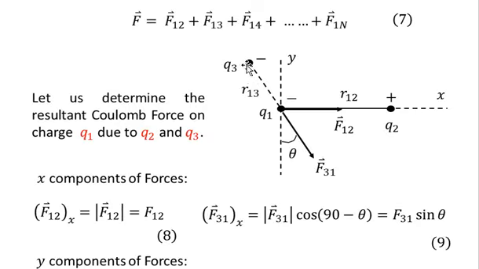So the slope of this line will be y2 over x2. So tan of theta will be equal to y2 over x2, and theta will be equal to tan inverse of y2 over x2.